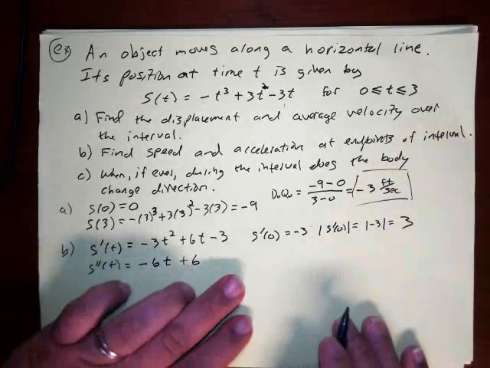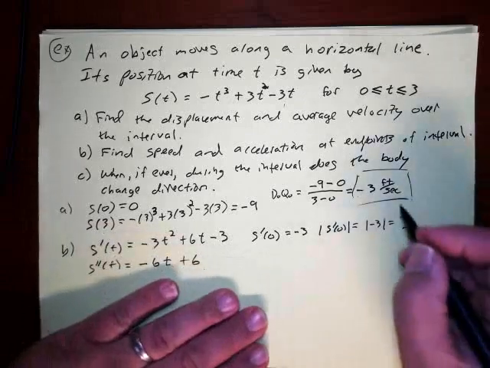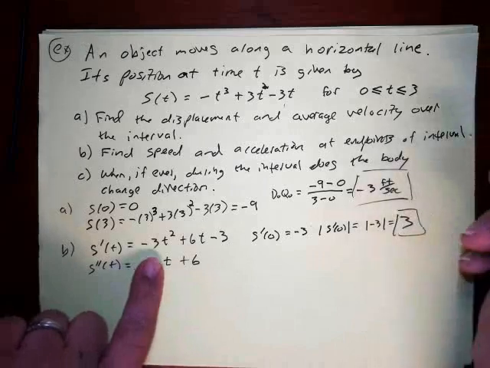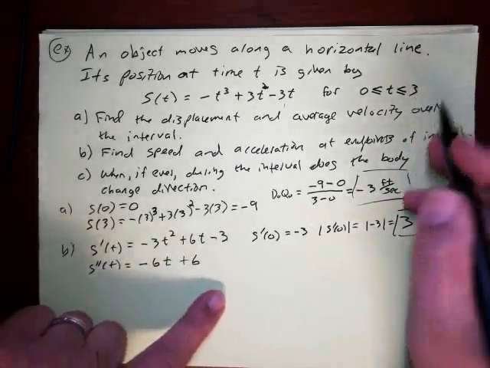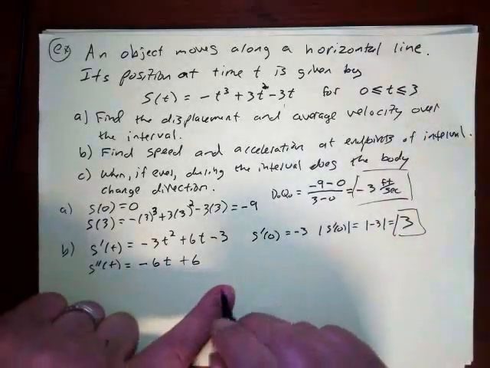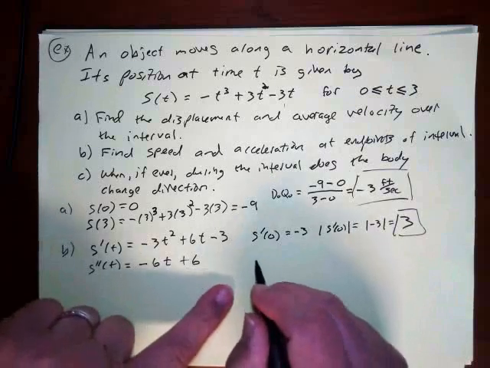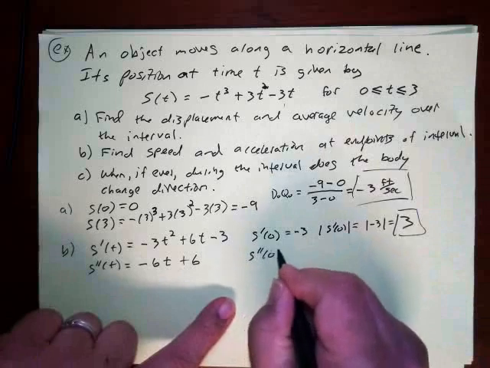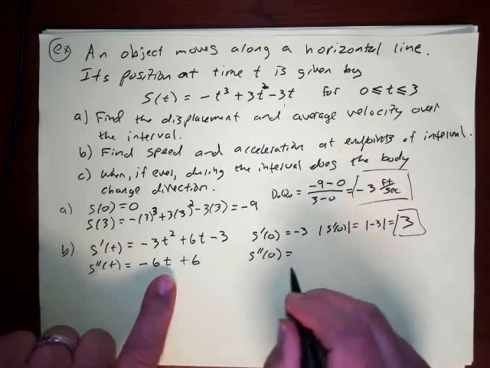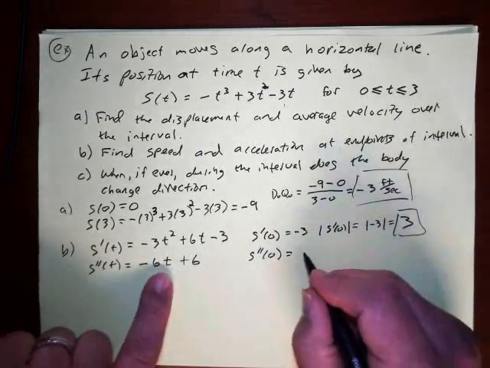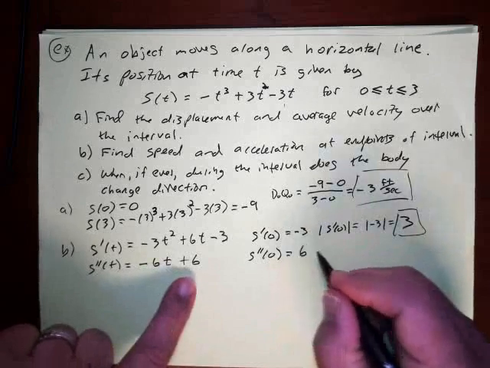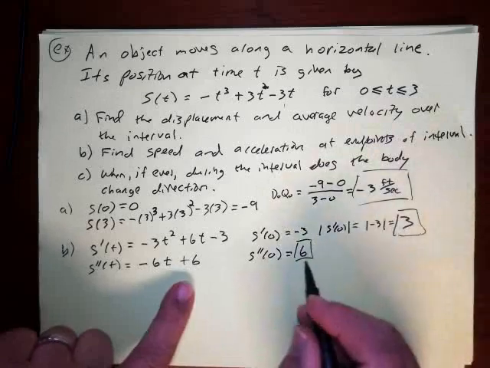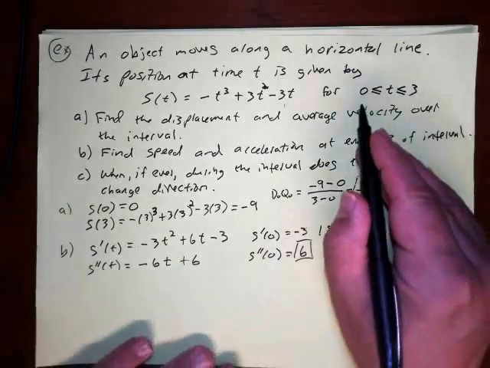Now this is at the left endpoint. So now we need the acceleration at the left endpoint as well. So now I'm going to do s double prime of 0. Putting in 0, we're just left with 6. So this is the speed and the acceleration at the left endpoint.